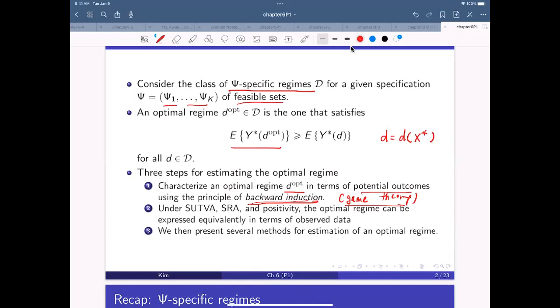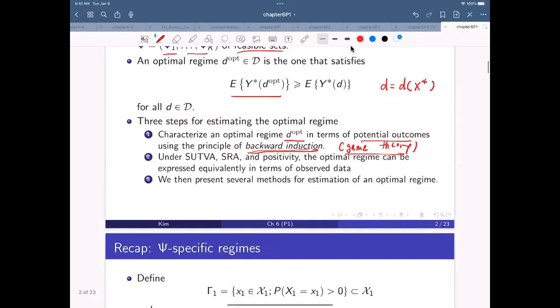But here, we are going to use the data to estimate the parameters in the utility function. That's a very important part, because game theory is mostly focused on how you optimize given the utility function. But here we are not just optimizing, but also estimating, learning.